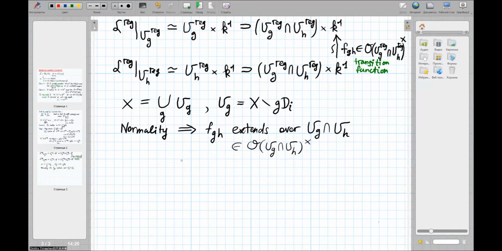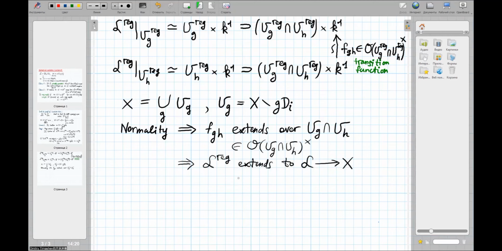So this means that the line bundle which we had before, this L reg, extends to the line bundle L over the whole X.